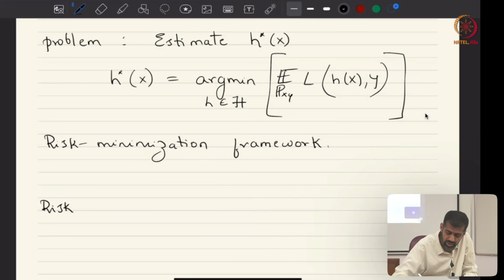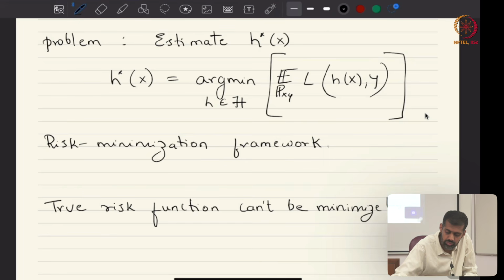Let me call it the true risk, as it is actually called in the literature. The true risk function cannot be minimized since the underlying distribution p_XY is unknown.